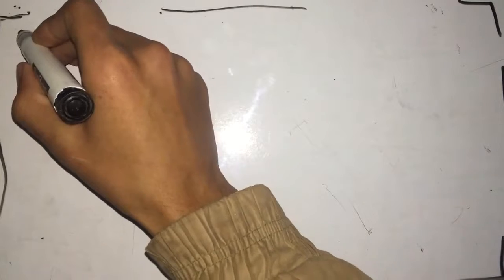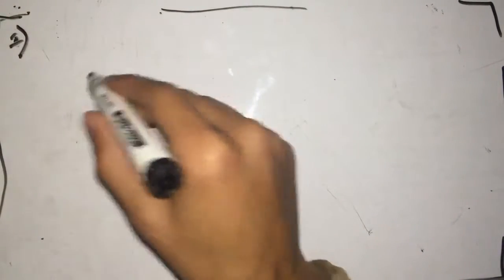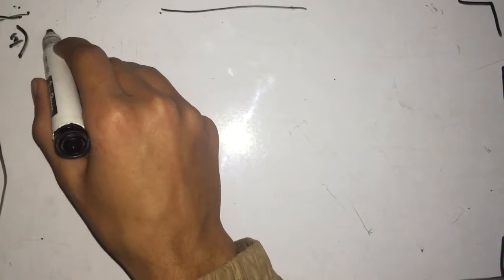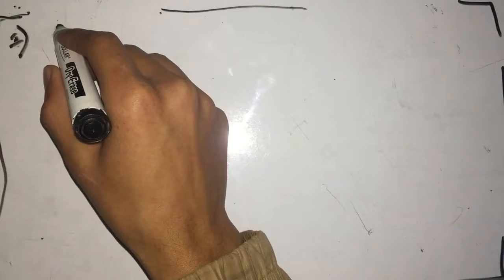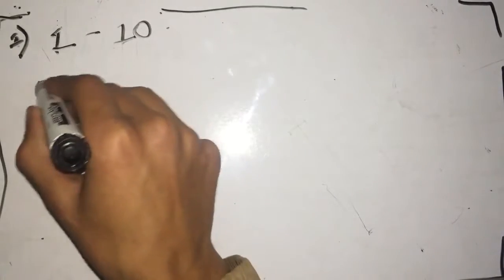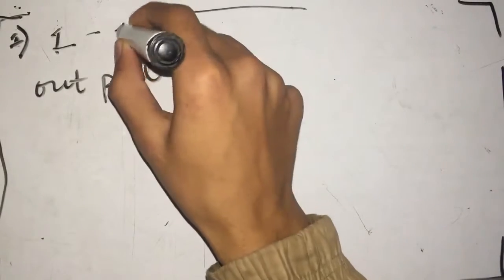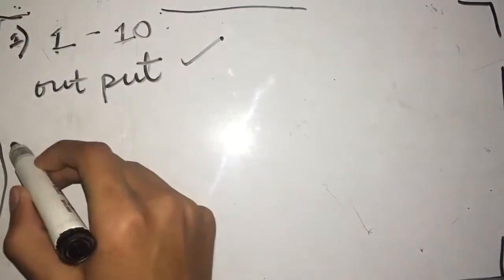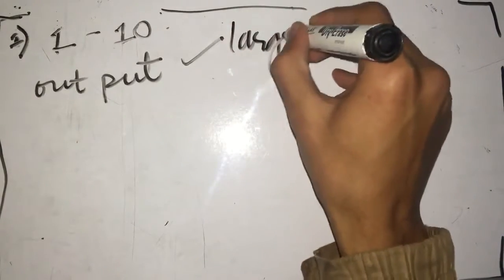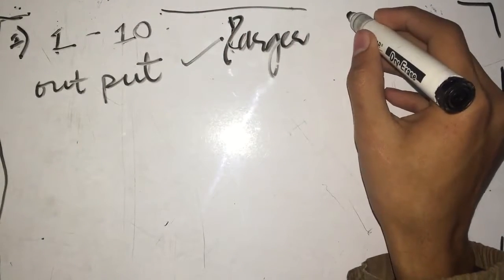The first program was about prompting for a set of values, for example a set of 10 values, and then outputting the largest value out of these 10 values and showing it on the screen, using the larger function, the user-defined function which we created in the previous class.